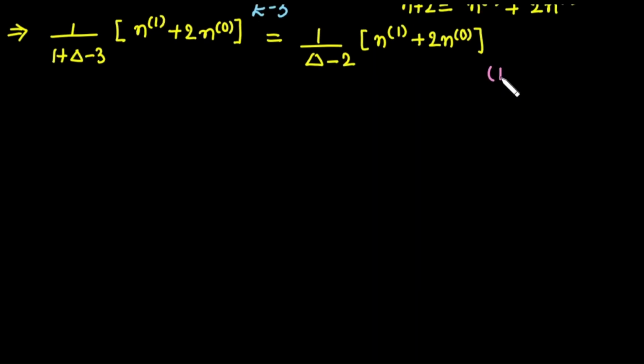To convert into 1 plus x form or 1 minus x form, we need to take one thing outside. Always start from the lowest power of delta. It contains delta raised to power 1 and here delta raised to power 0. So take this term outside along with its negative sign.